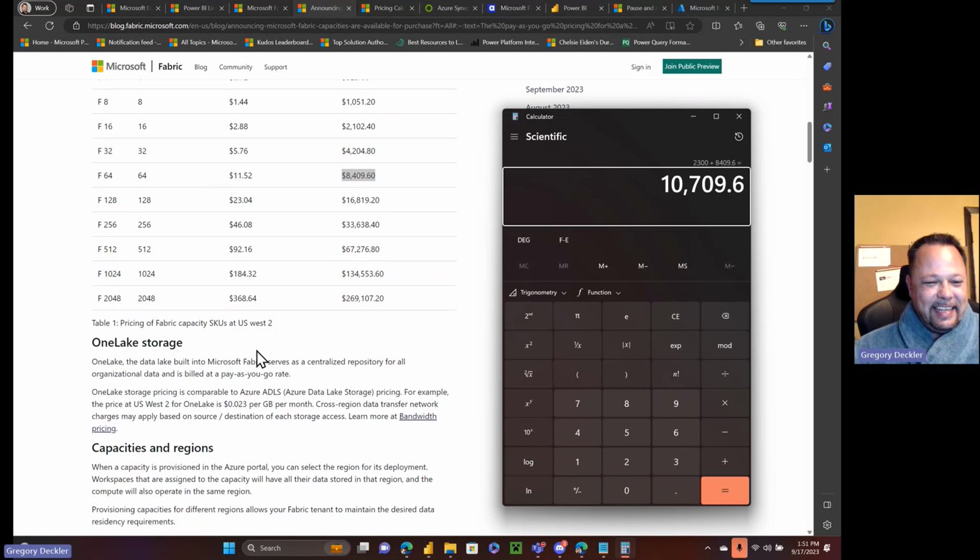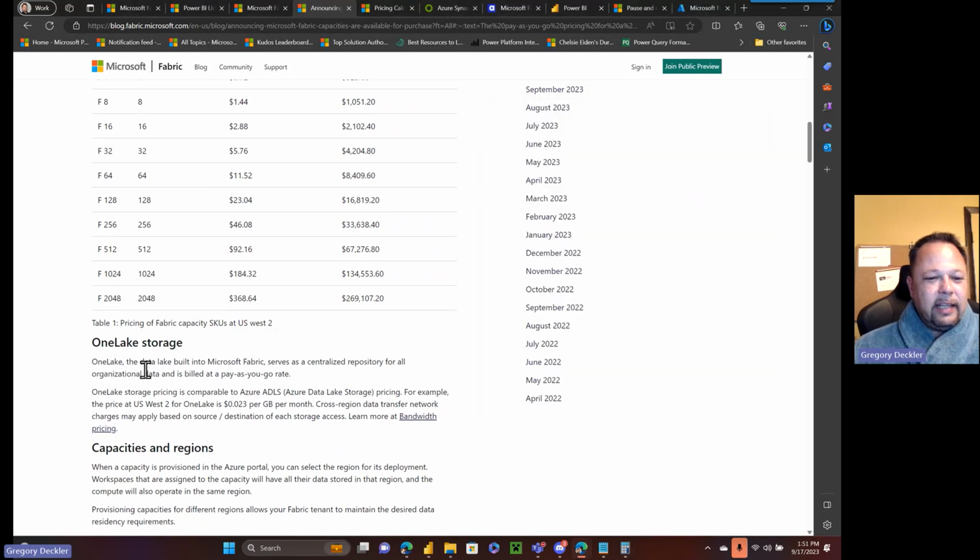Yeah, but you're entitled to use it, right? And the interesting thing about this is OneLake, the data lake built into Microsoft Fabric, serves as the centralized repository for all organizational data and is billed at a pay-as-you-go rate. When I'm creating things in Fabric, they're always creating extra stuff for me, right? If I create a data warehouse, it creates a data set that goes along with it.